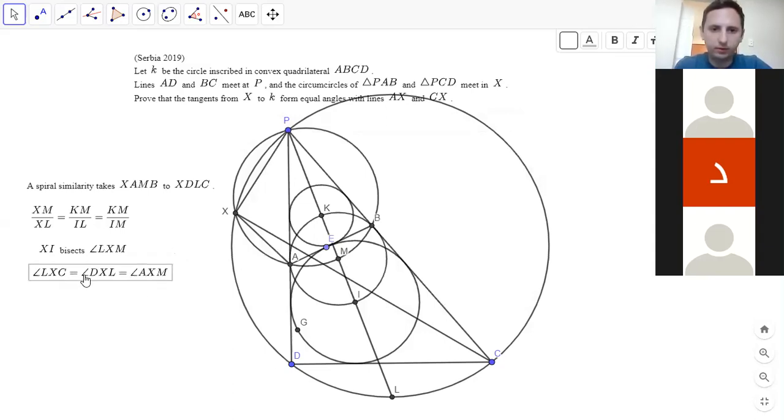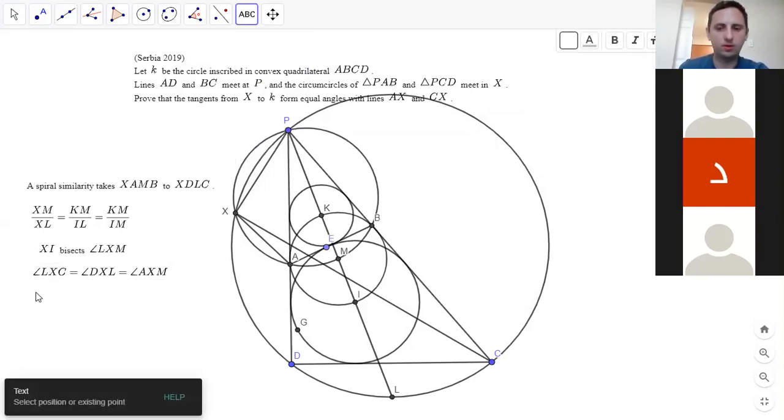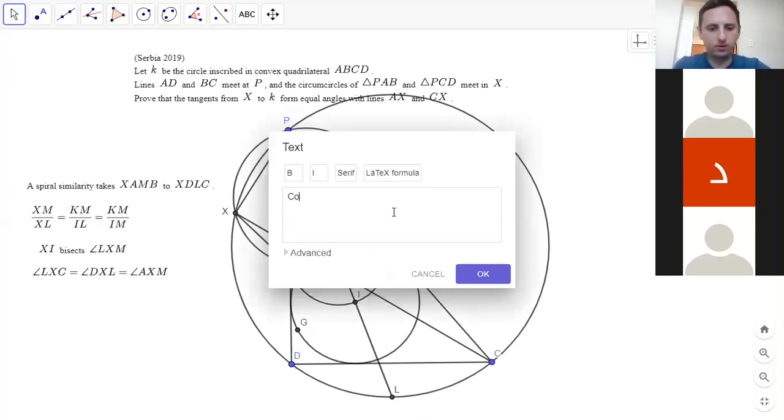And so if we combine the above two, then XI bisects AXC.